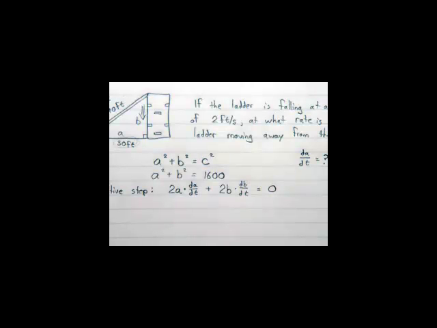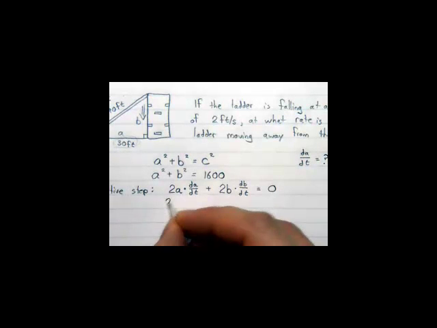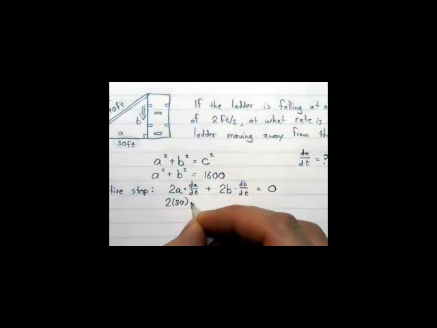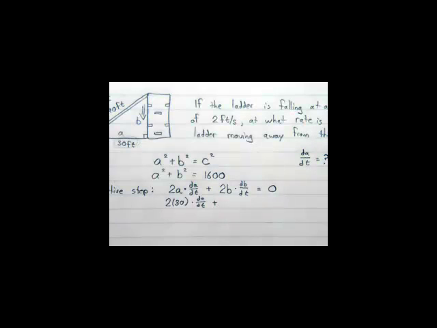Okay, so now it's safe to plug the 30 in because we've already accounted for the fact that it changes. So 2 times 30 times dA dt, and I got to leave that dA dt because I don't know what that is, plus 2 times b. Well, uh-oh, what's b?